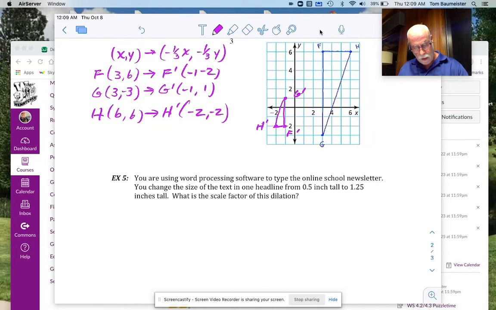So again, our scale factor is going to be the size after dilation over the size before dilation, our image over our pre-image.